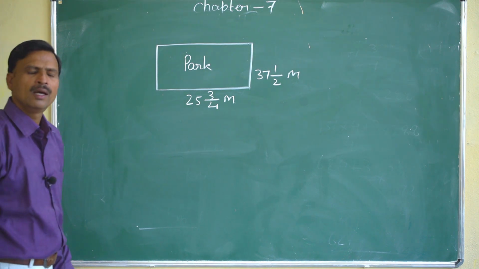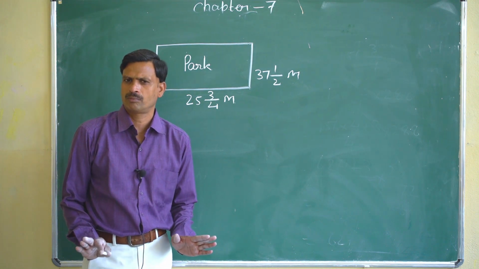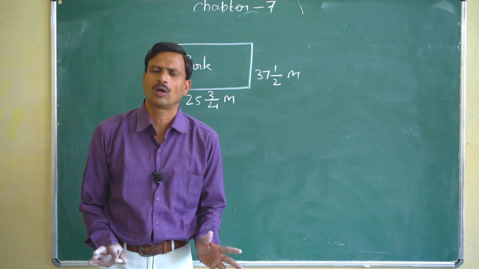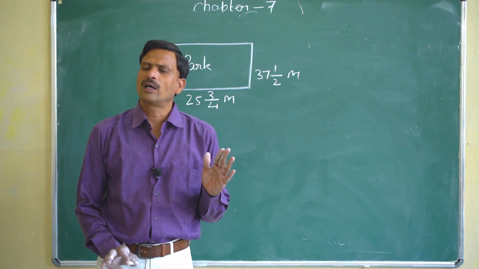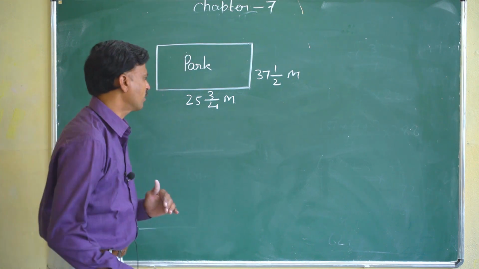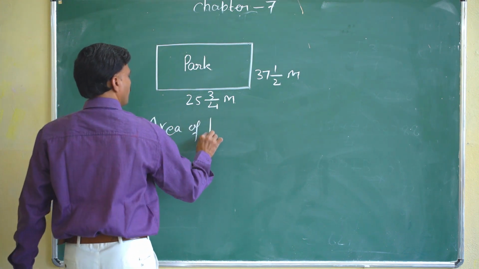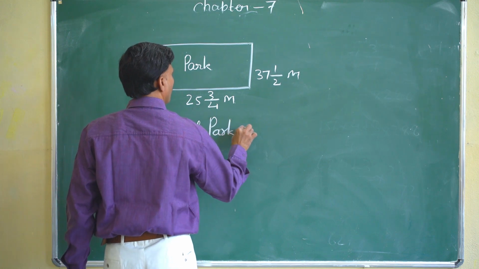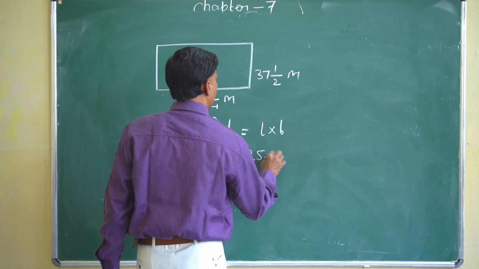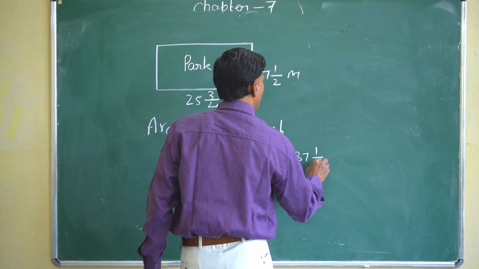Very simple thing. If you want to find out the area of any rectangular shape, a geometrical diagram in the shape of a rectangle or square, we simply multiply length and breadth. So the area of the park will be length into breadth, that is 25 3 by 4 multiplied by 37 and a half.